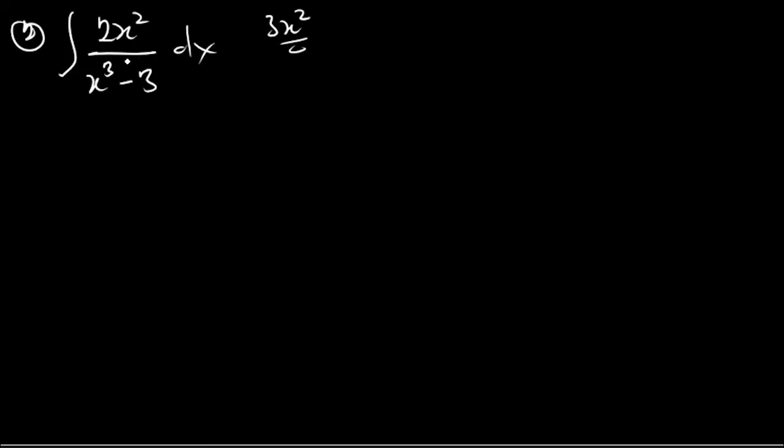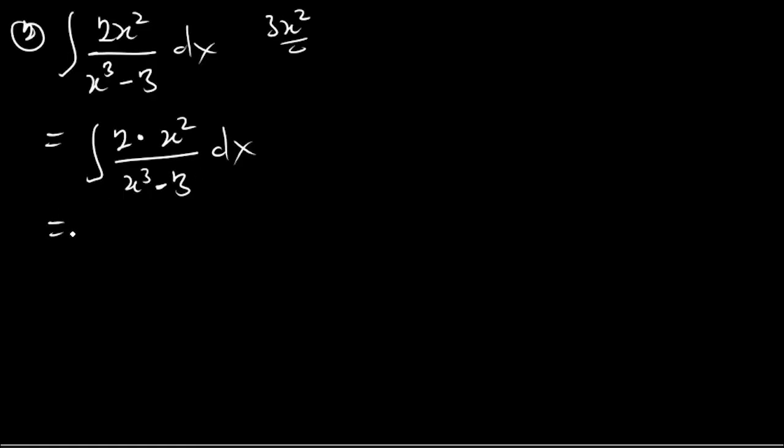Are we okay? So this is expressed as 2 multiplying x squared over x cubed minus 3 dx. We still don't have our 3x squared.